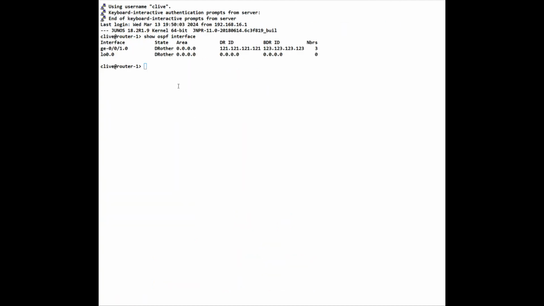We're now back on router 1, and I have re-enabled the interface that participates in OSPF. And you'll notice that the DR and the BDR have not changed. And this is on purpose because of the convergence times, and they would not want you doing this on a live network. So this is the reason that this particular system has not become the DR again.